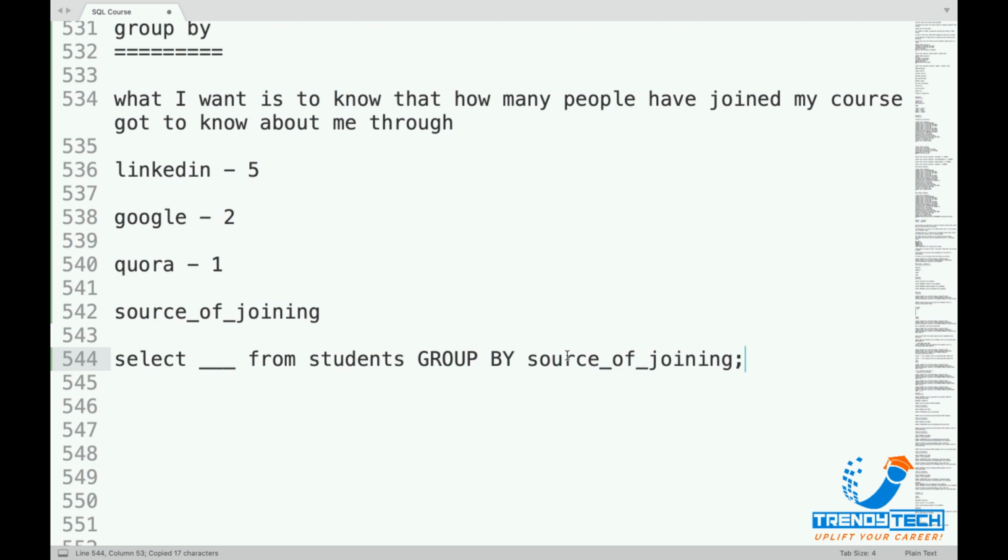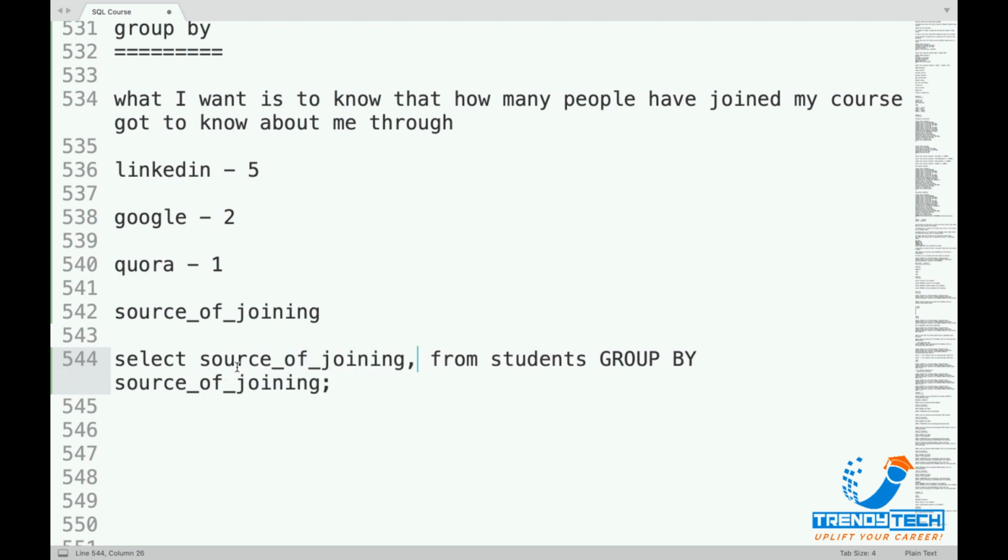Now what I want as an answer is LinkedIn, comma, 5. So source of joining should come here as a projection column, comma. What do I want? A count. I can say count star.